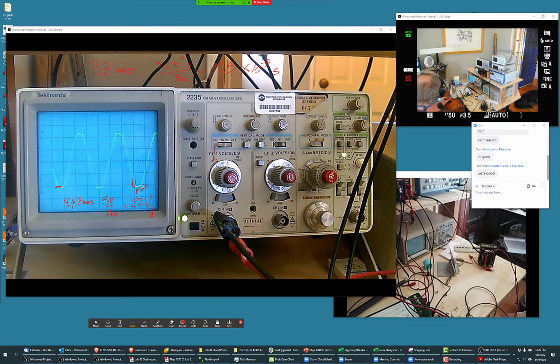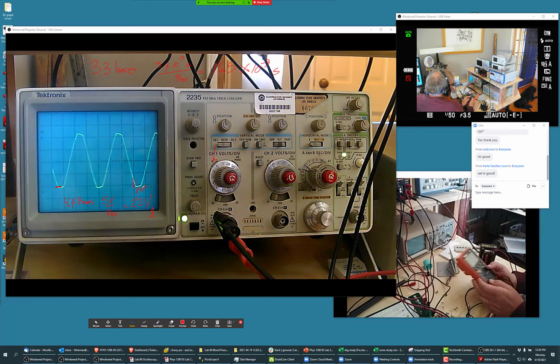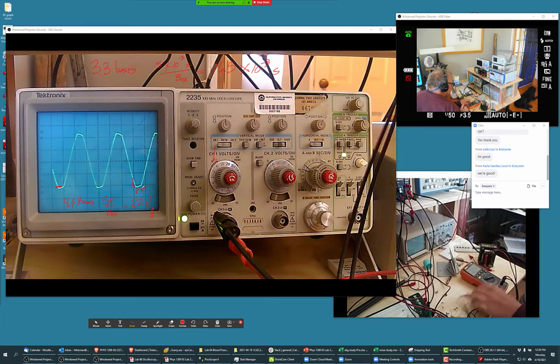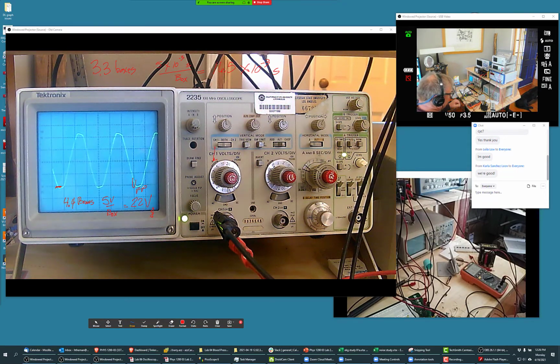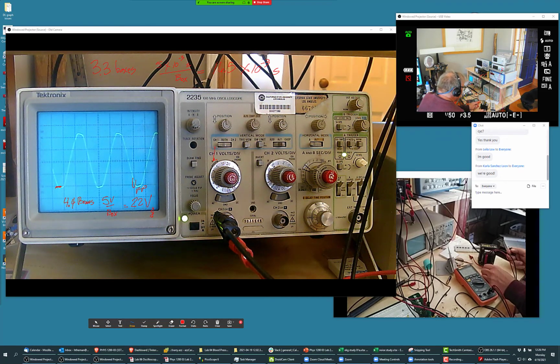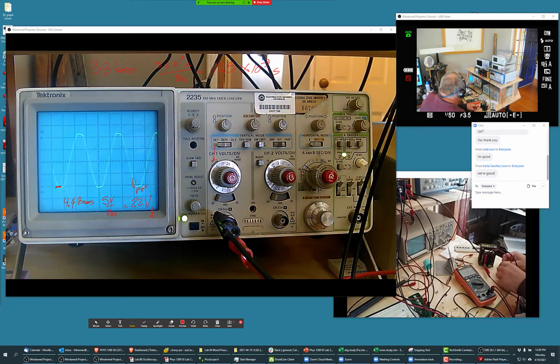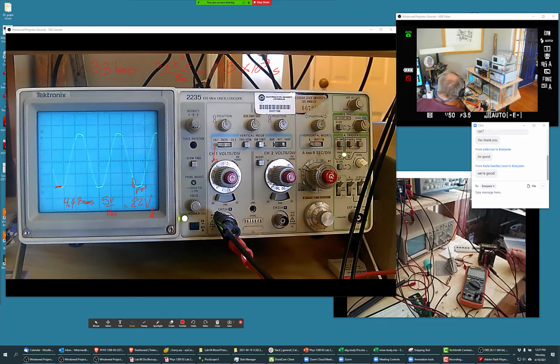So now I'm going to put my voltmeter here, and I'm going to measure the voltage of the transformer with the voltmeter. Try to get that out of there so I don't burn anything up.